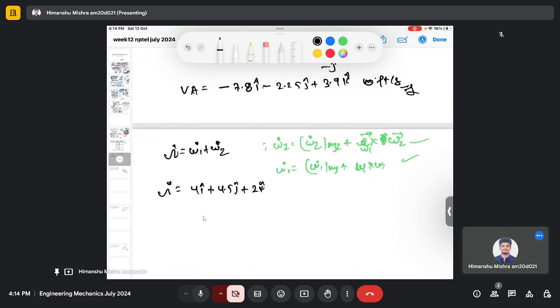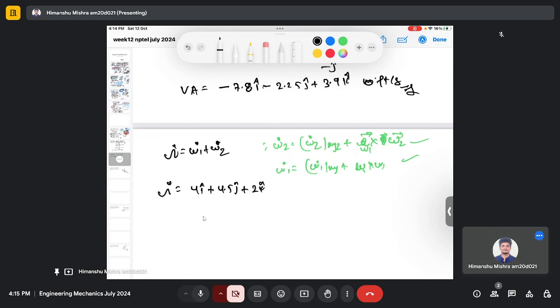So my acceleration will be omega dot cross r plus omega cross r. So this is my velocity va. So its acceleration at point A will be omega dot cross r plus omega cross va.